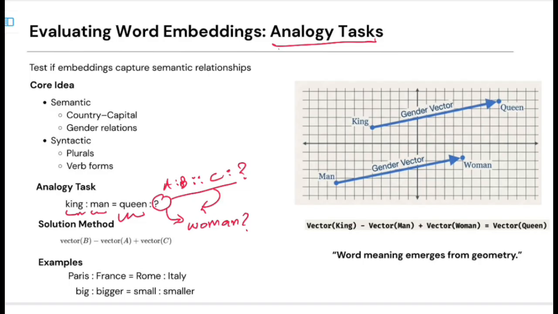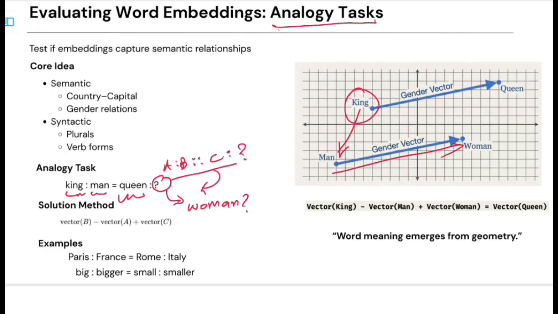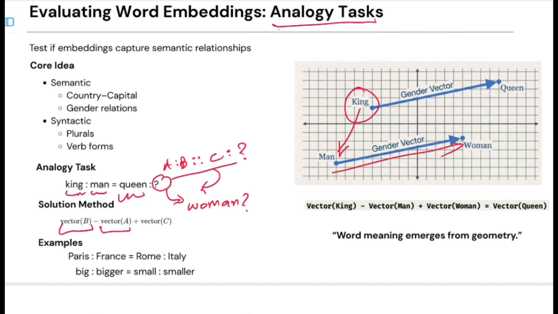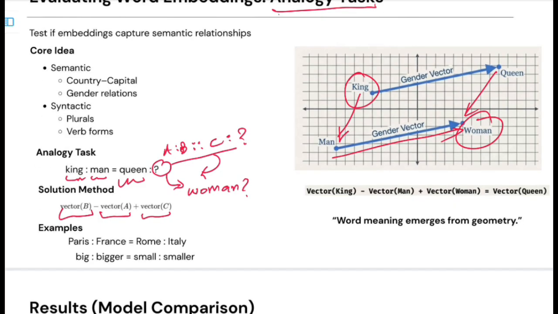It computes the vector of king minus the vector of man plus the vector of woman, that is, vector B minus vector A plus vector C, and then finally it finds the word whose vector is closest to the result. So if the embeddings are good, the answer would be queen.